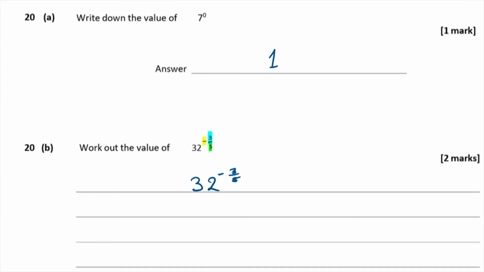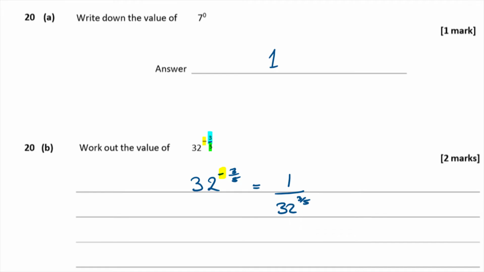Dealing with the minus sign first, a negative index means the reciprocal, or 1 over the positive version of that index. So that's the same thing as 1 over 32 to the power of 3/5. So the minus sign is gone because I've applied it. So that's the first part done.